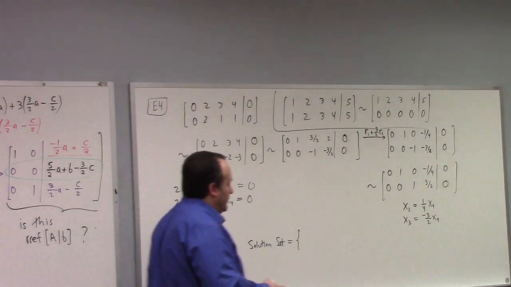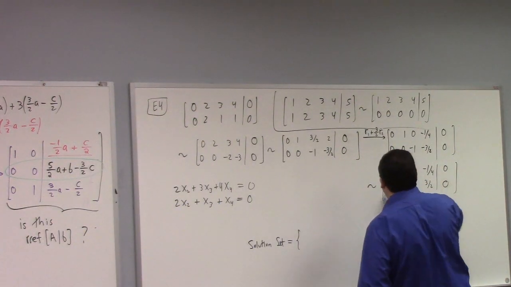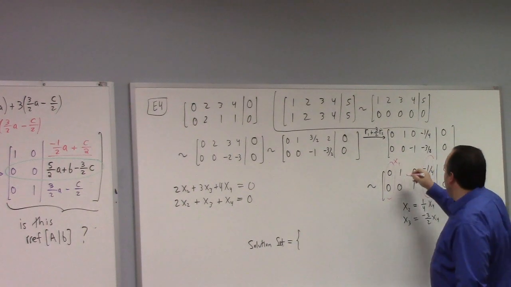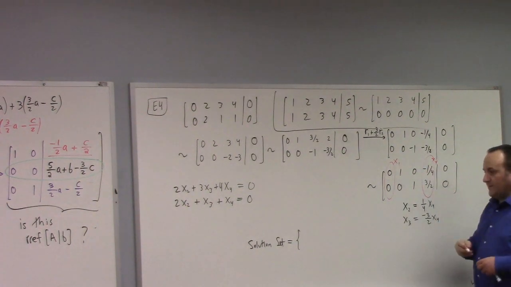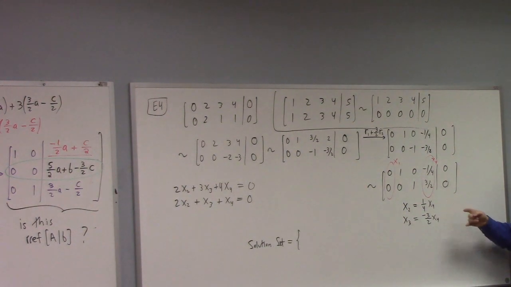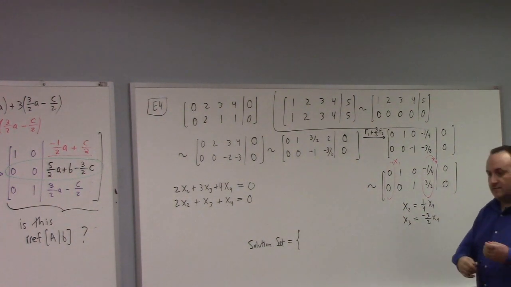So the non-pivotal variables here, this one and this one, x1 and x4, should appear as parameters in the solution set. See, because x2 and x3 depend on the non-pivotal variables, actually just x4. They depend on x1 trivially. Really, x1 is just its own thing.